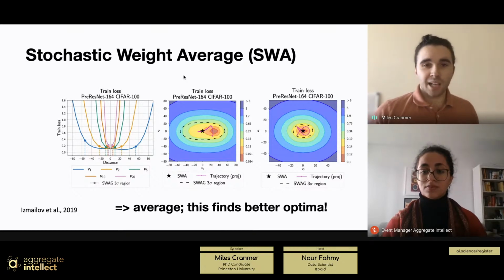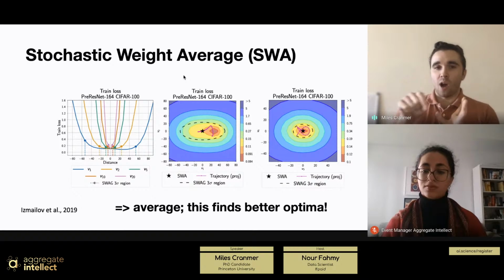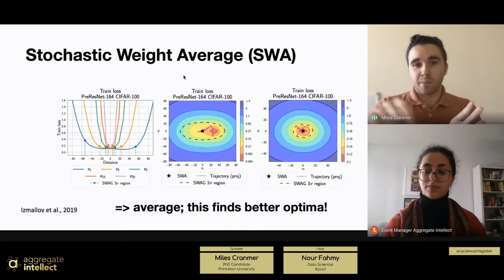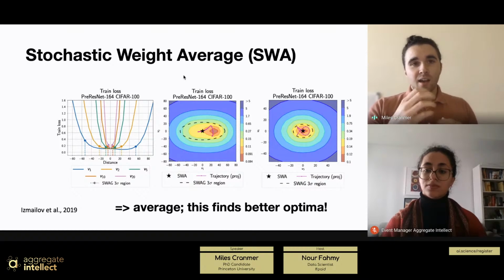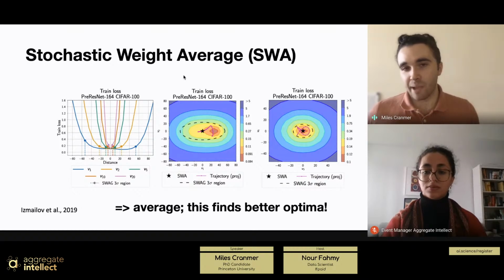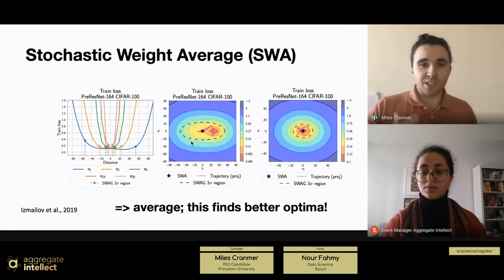Now, what some people realized is that this random walk in parameter space when you're at the minima is kind of equivalent to fitting a parameter distribution with Bayesian methods. So when you're randomly walking around the space, it's like you're randomly picking new parameter values. So it's a really powerful idea.